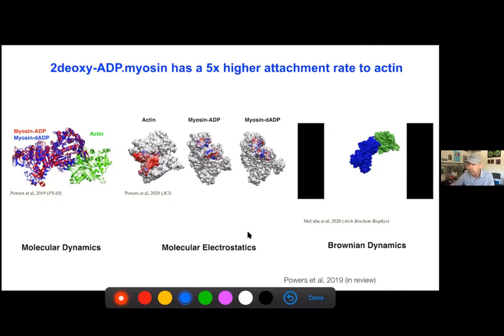So if I start with an example of multi-scale modeling, we became interested a while ago in a molecule called deoxy-ATP. Now, of course, ATP is a key biochemical source of energy. And of course, muscles, like the heart, need to do mechanical work, and they get that biochemical energy to do that mechanical work by hydrolyzing ATP.